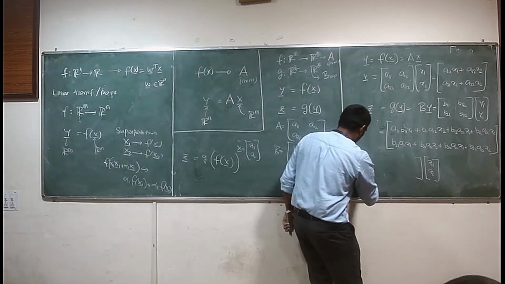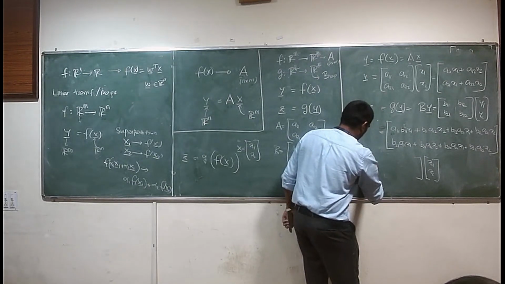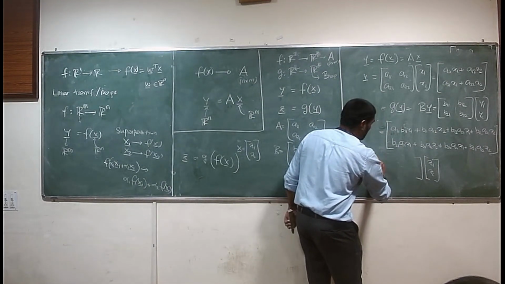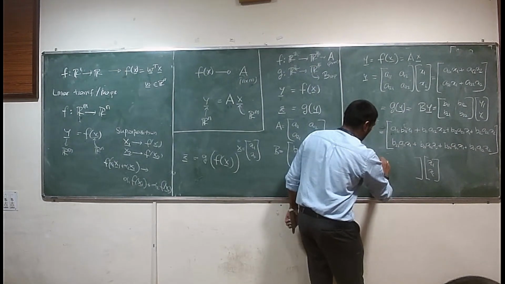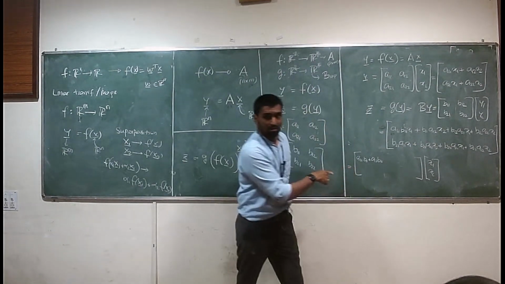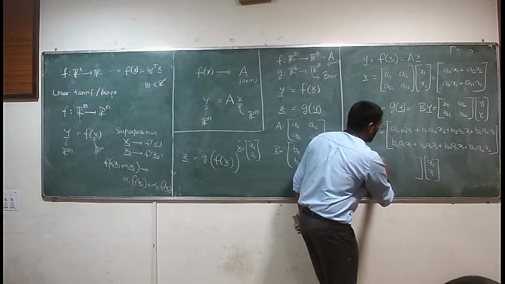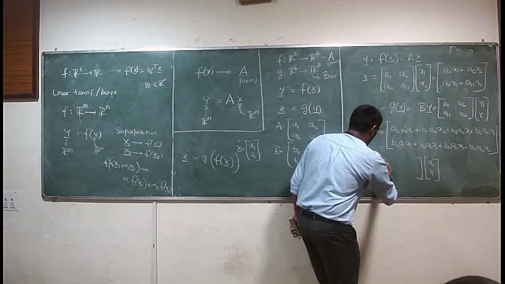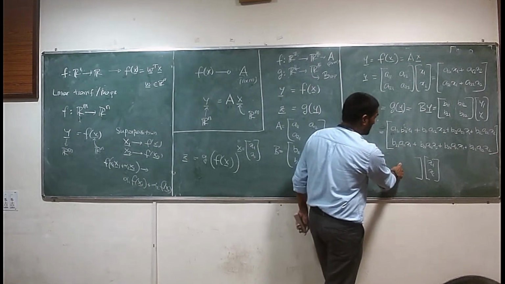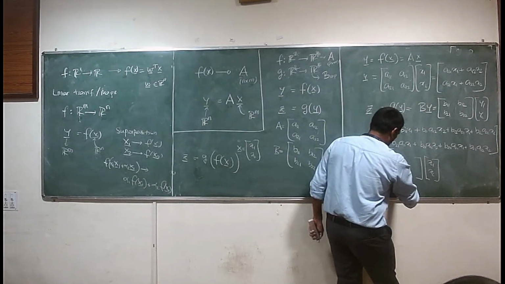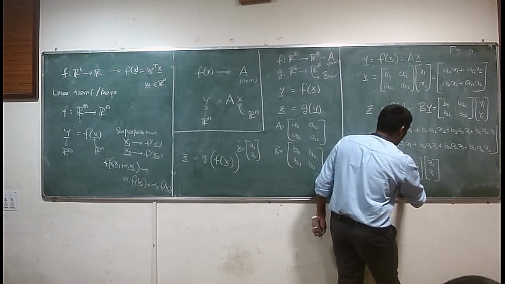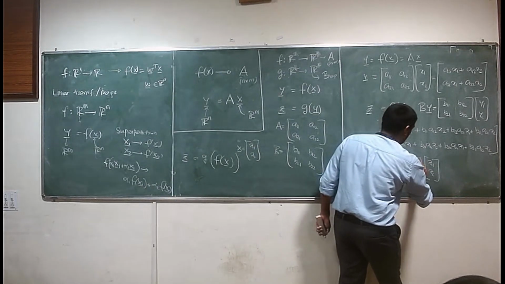Okay, so that will be a11, b11 plus, is that right? No, sorry. This will be b12, a21. What about this? Plus b12, a22.